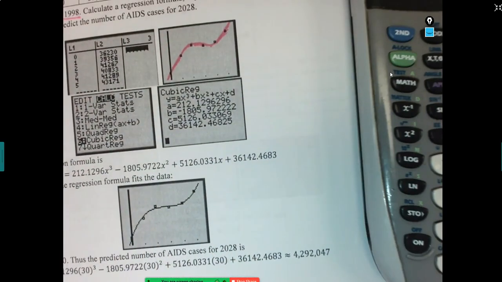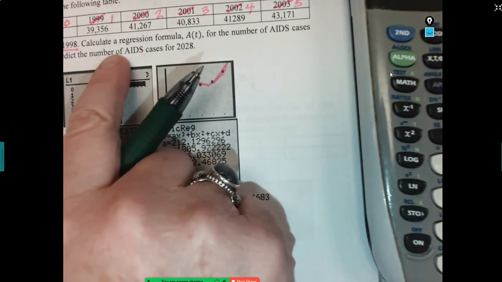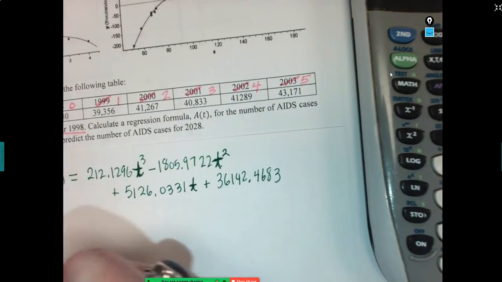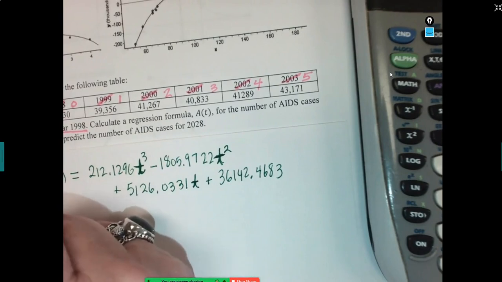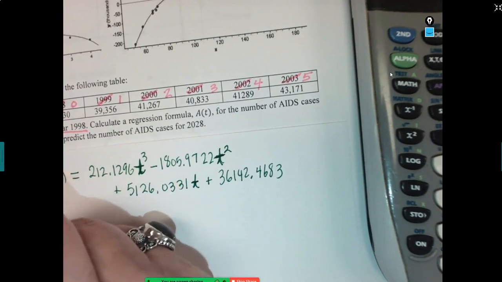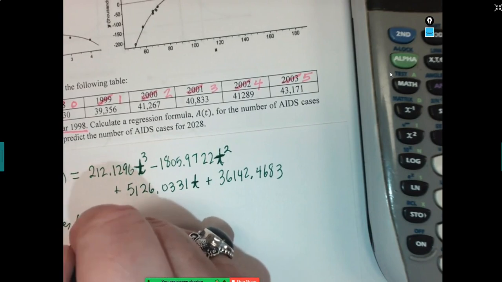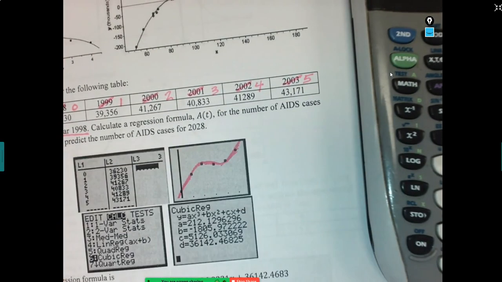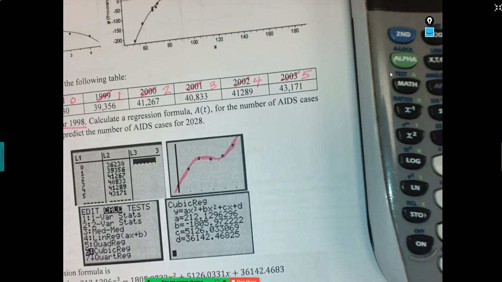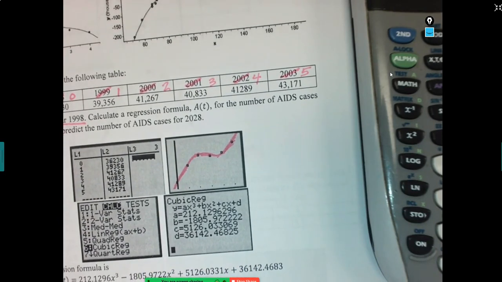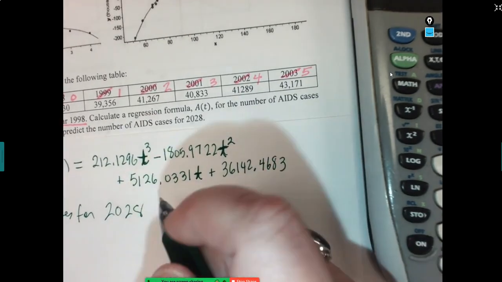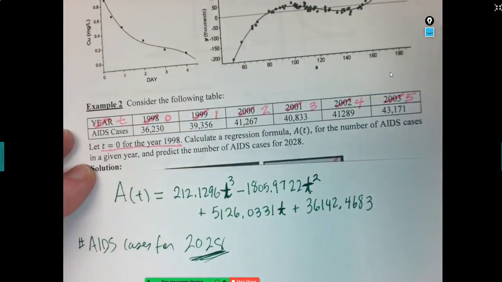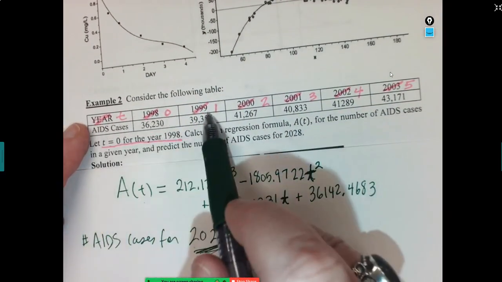And now the question is, predict the number of AIDS cases for the year 2028. So 2028 was an original X value.